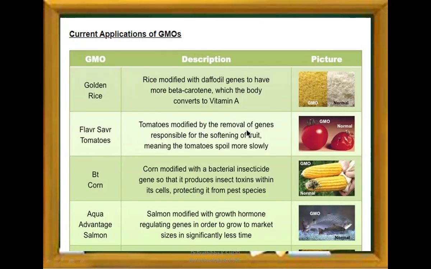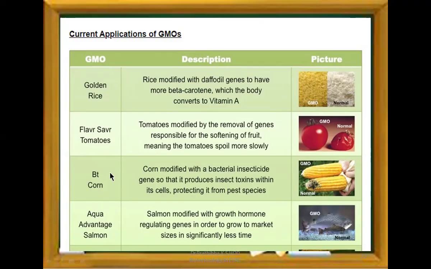Tomatoes modified by the removal of genes responsible for the softening of fruit, meaning the tomatoes spoil more slowly. If they are very soft they spoil, so they have made them a little stronger. This is the normal tomato, which spoils very easily in less time. This genetically modified one looks very healthy, because they have removed the softening content.